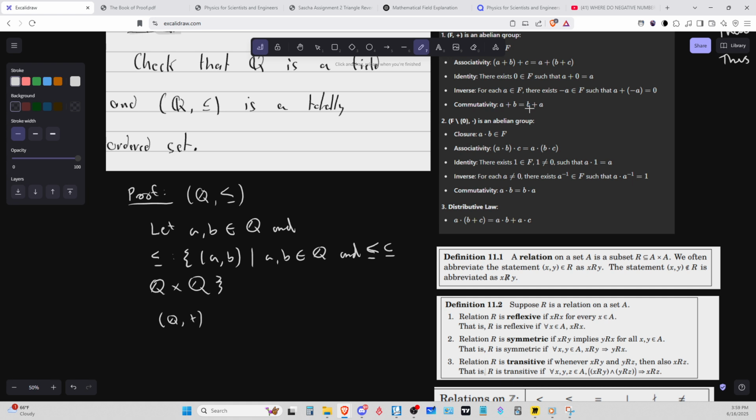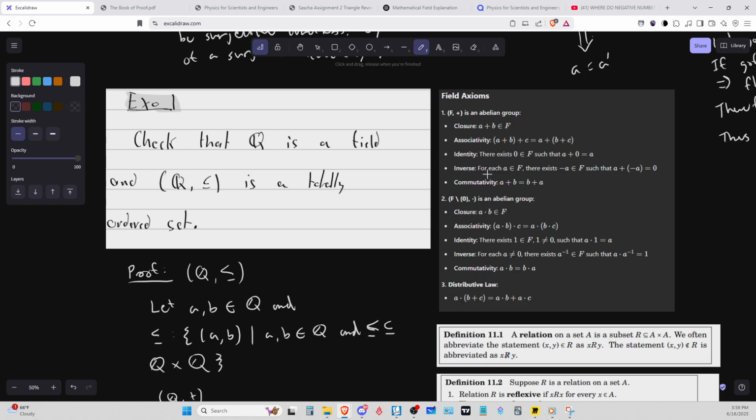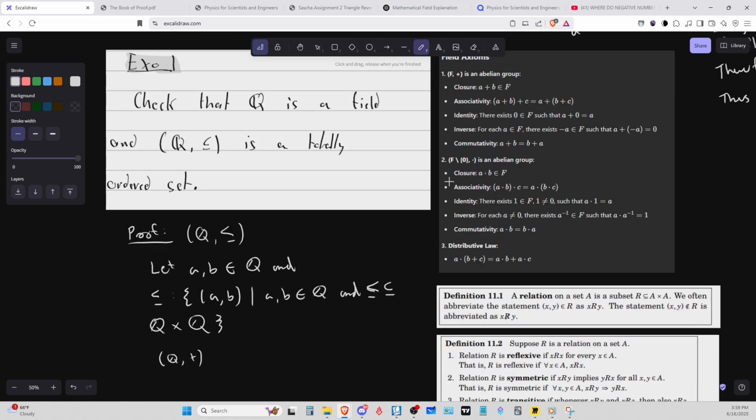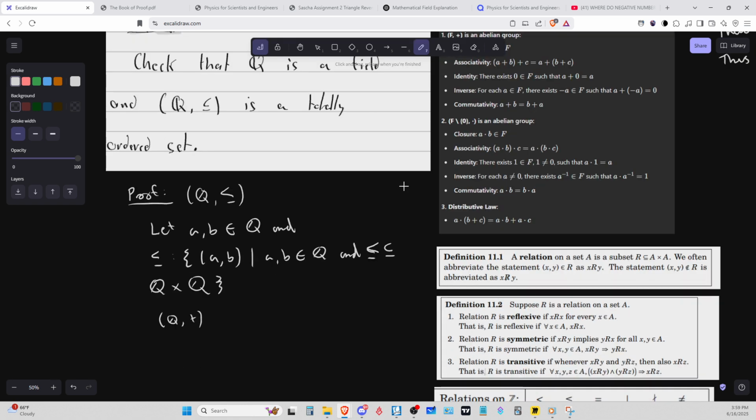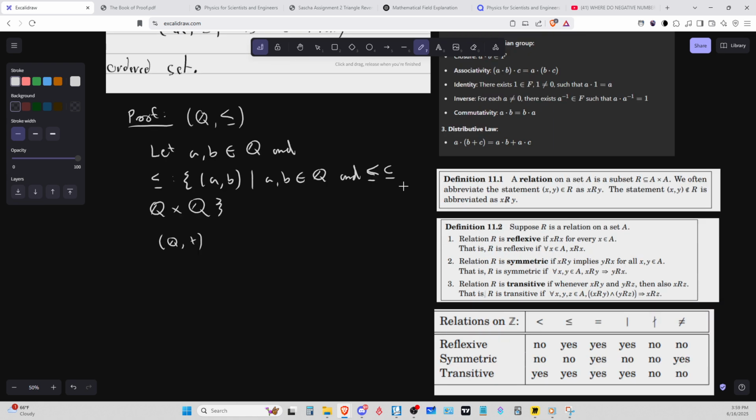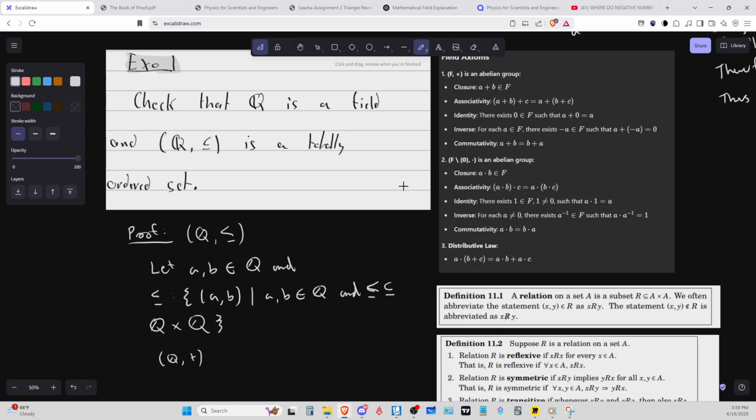The one thing is that now I have to think about how we prove this, because I don't think you just write a plus b is an element of the rational numbers. I feel like it's more intricate than that.